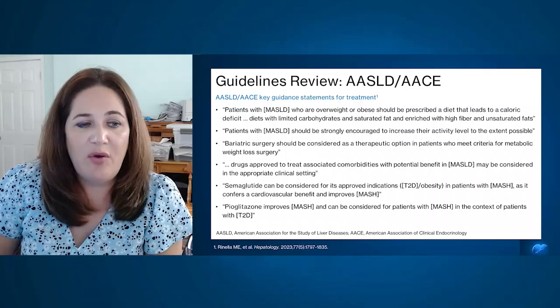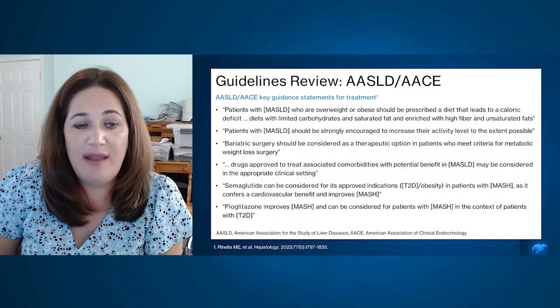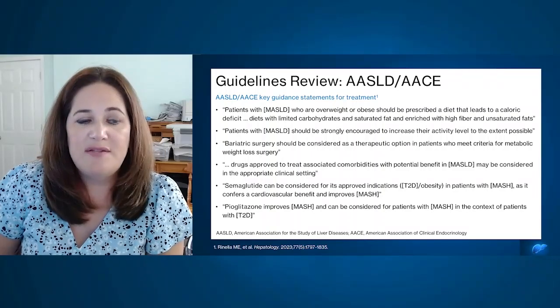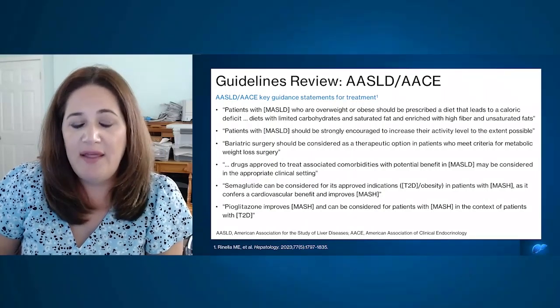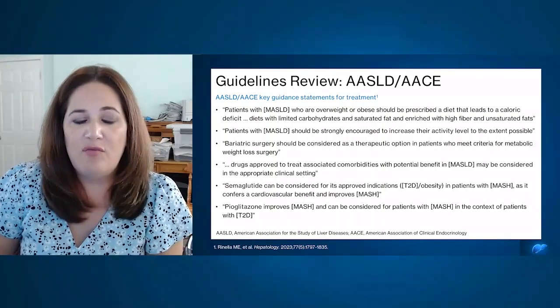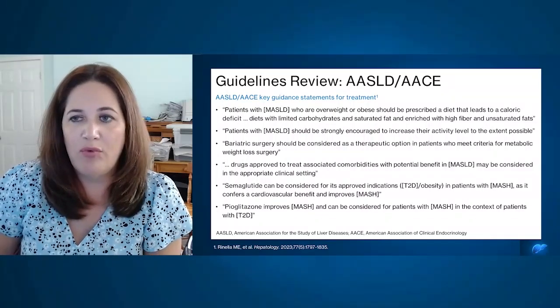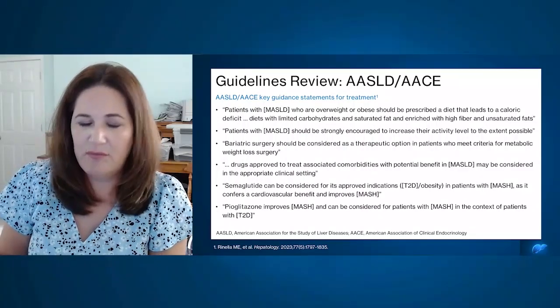And pioglitazone improves MASH and can be considered for patients with MASH in the context of type 2 diabetes. However, neither of these is recommended purely as a treatment for MASH, and that's a really important designation to understand.